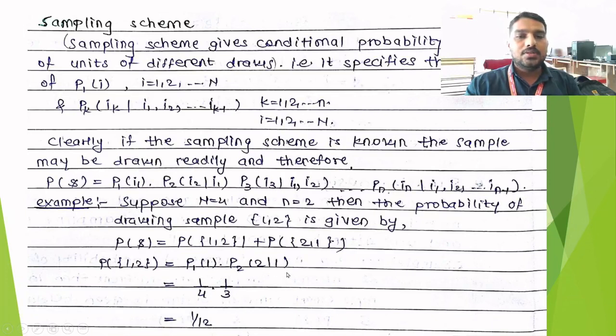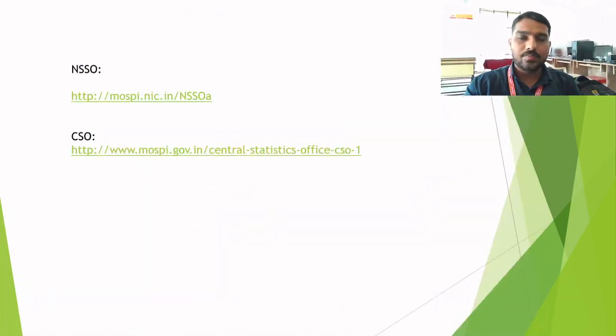That means we have to select the second unit from only 3 population units, as without replacement the first unit has happened. So 1 by 4 into 1 by 3 is equal to 1 by 12. So this is the sampling probability by using the sampling scheme.